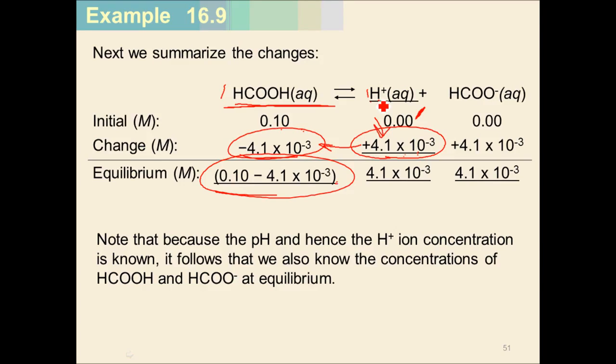The hydronium ion concentration, again, the pH said it was 4.1 times 10 to the minus third, and since it's a 1-to-1 mole ratio with HCOO minus, it's 4.1 times 10 to the minus third. Again, note that because the pH, aka the hydronium ion concentration, is known, we can know the concentrations of both the formic acid and the HCOO minus at equilibrium.